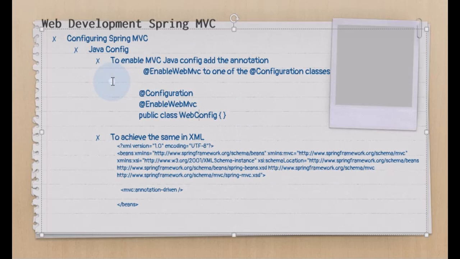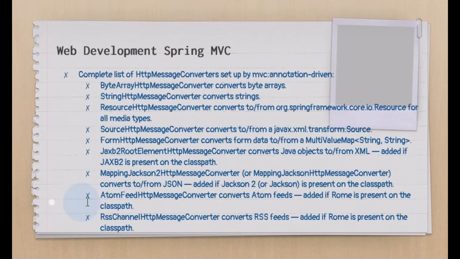But if there is a need for you to customize it further, for example, we are not happy with these default configurations, we may have to override. Maybe we have our own MappingJackson converter, or our own message converters, so we need to add that bean.